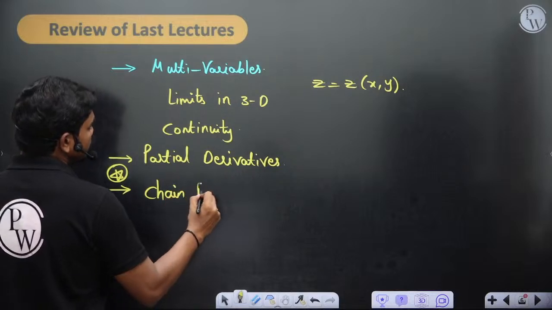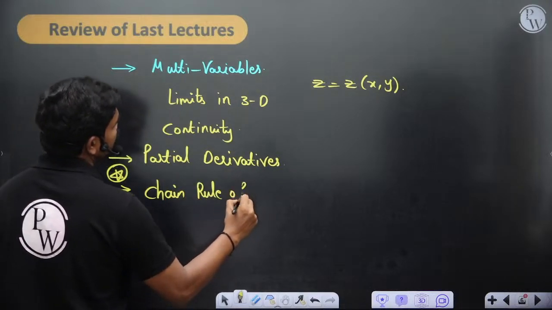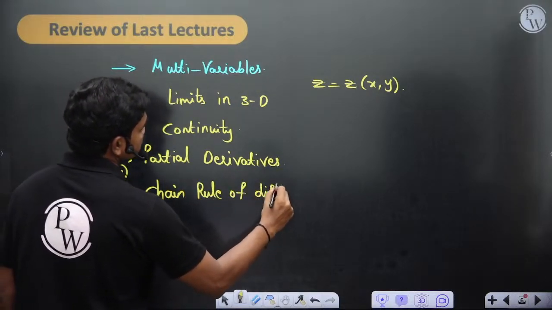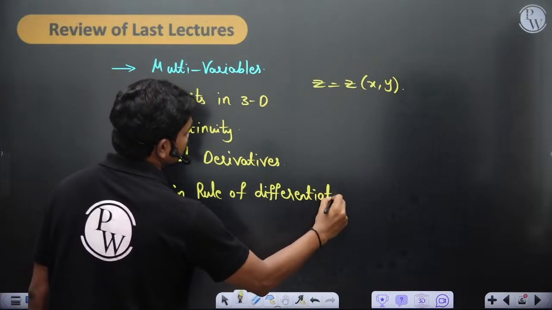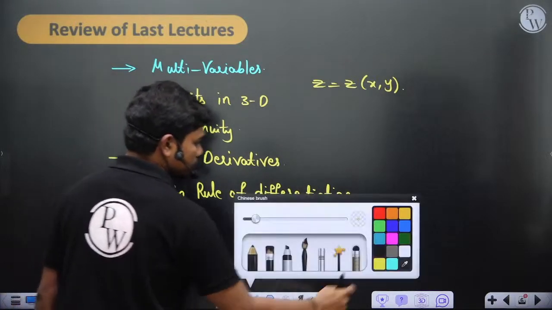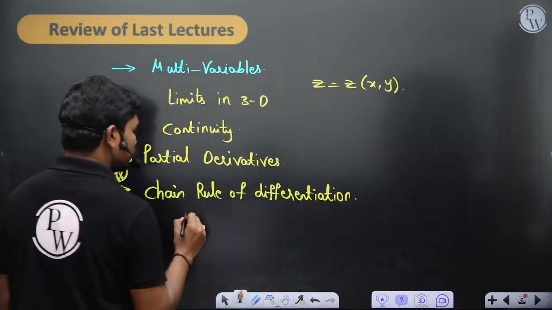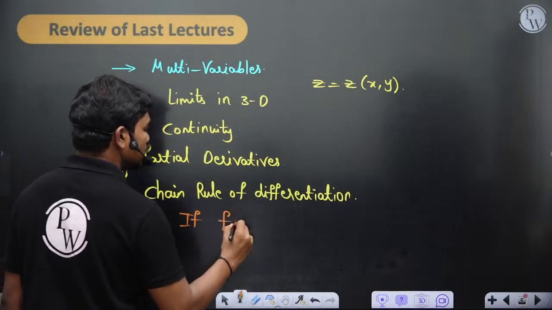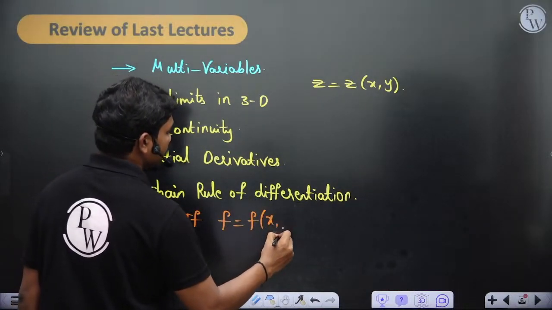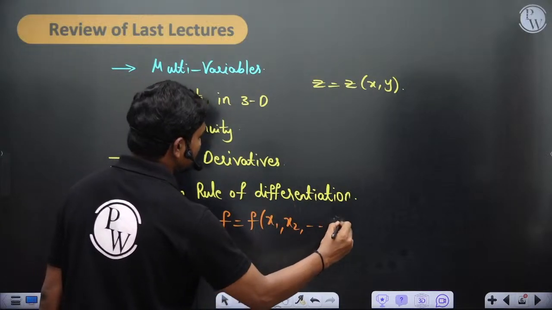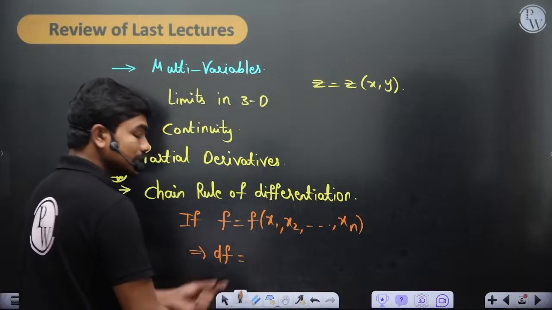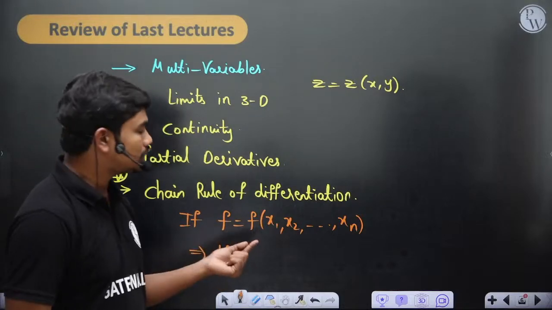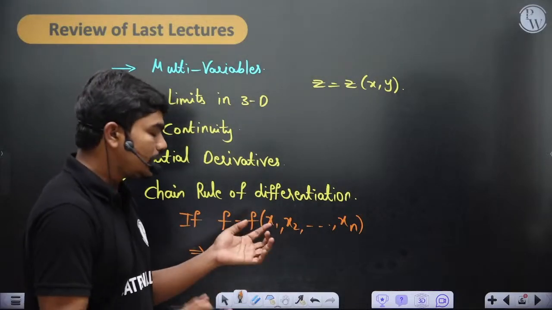The chain rule of differentiation tells you that if f is some function of x1, x2 and so on till xn, then the change in f due to the change in all these variables is the sum of the changes due to the individual variables, put together.